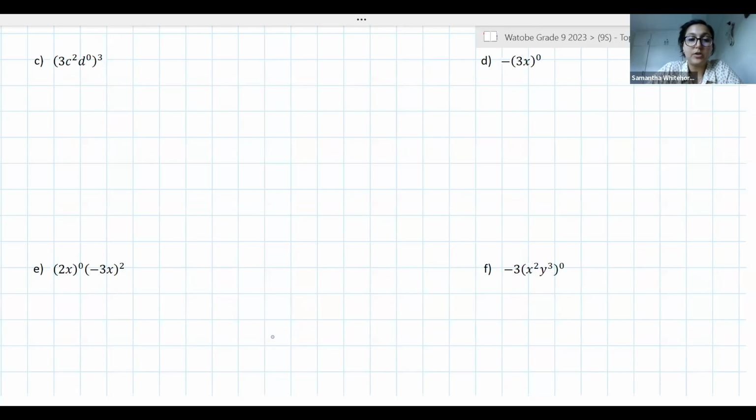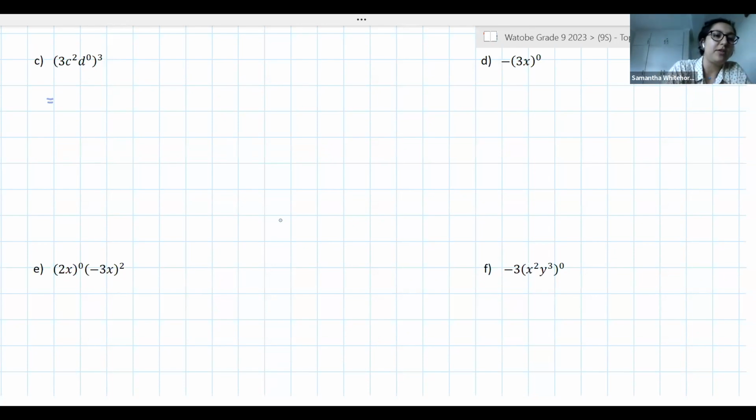Alrighty. So Emmanuel, help me with question C. Okay, ma'am. So I said 3c squared times 3, which gave me 3c to the power of 6. And then I said d to the power of 0 times 3 gave me d to the power of 0.